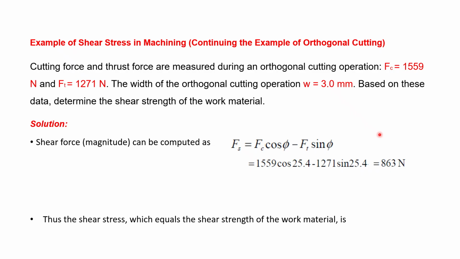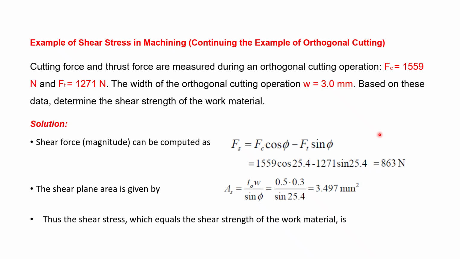Next, after we found the value for the shear force, we need to find the value for the shear plane area, AS. It is equal to the initial thickness multiplied by the width divided by the sine of phi. 0.5 is the initial thickness, 3 is the width, and phi is 25.4 degrees, so the area is equal to 3.497 millimeters squared.